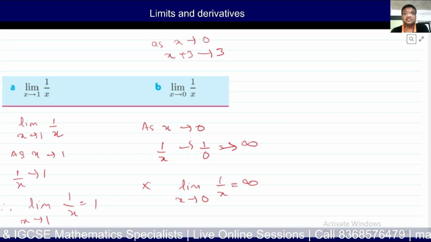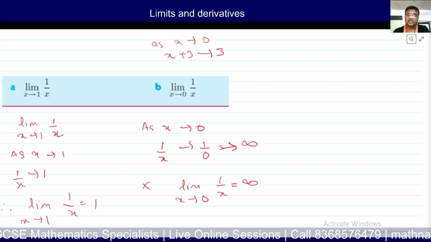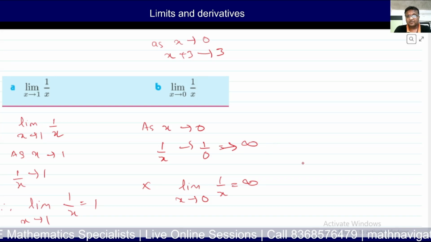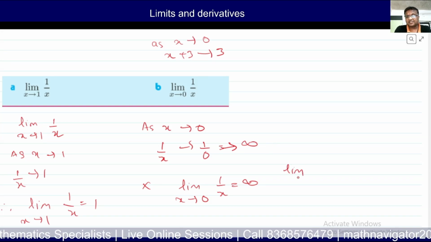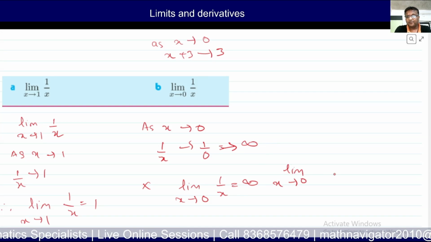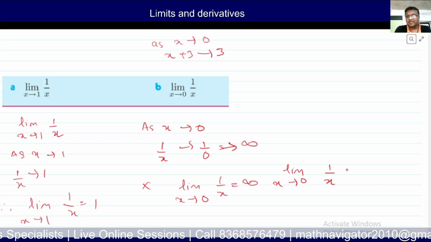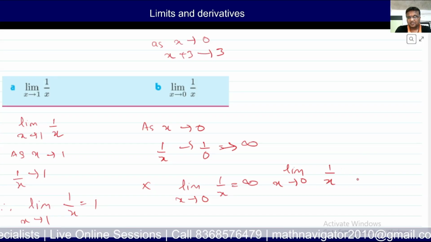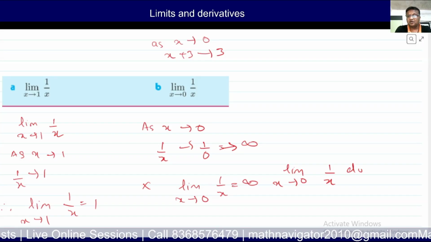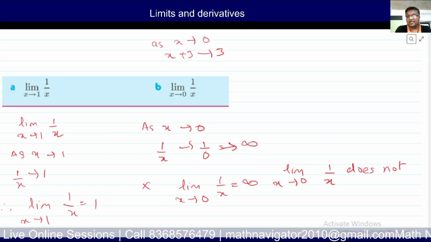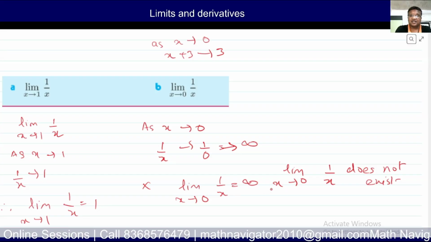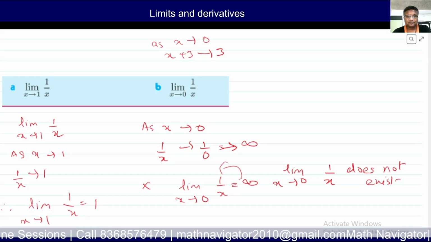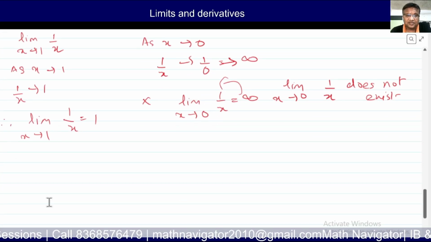It means it is a very large number. We don't know what is the number. So what you will write is limit x tends to 0, 1 over x does not exist. You will write like this. You will never write like this. Got it?